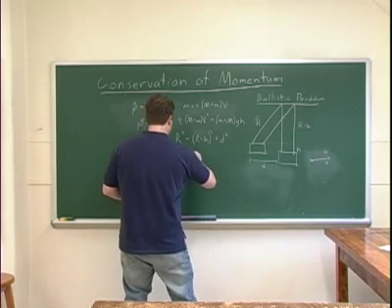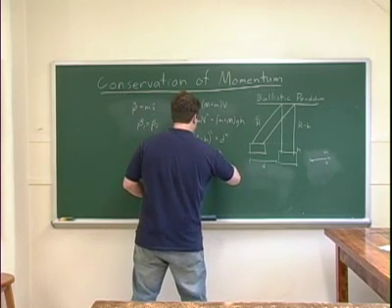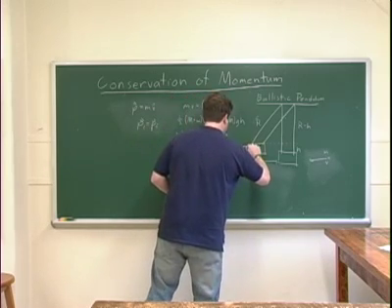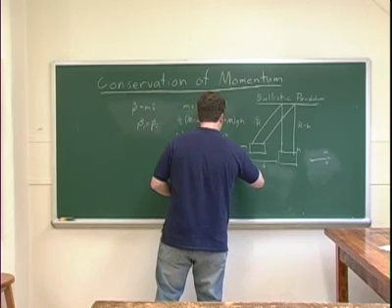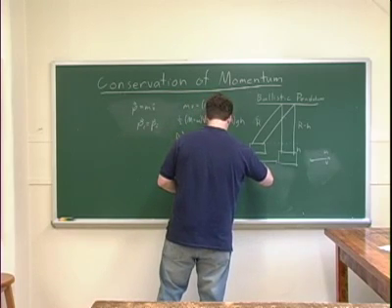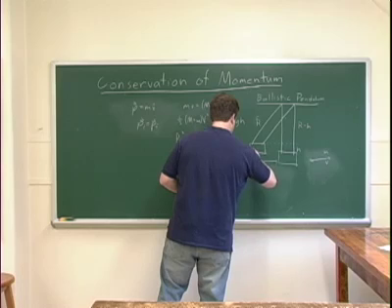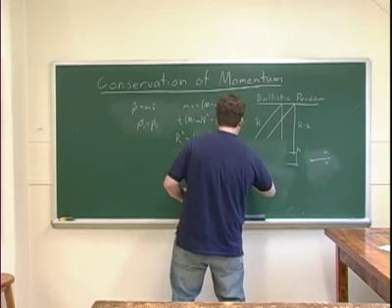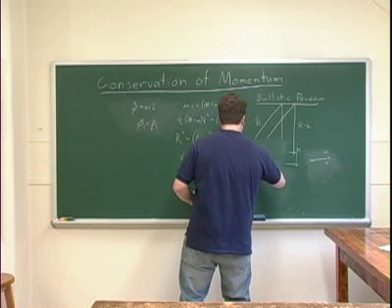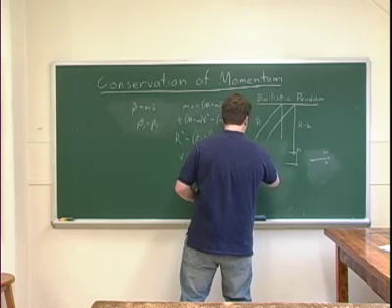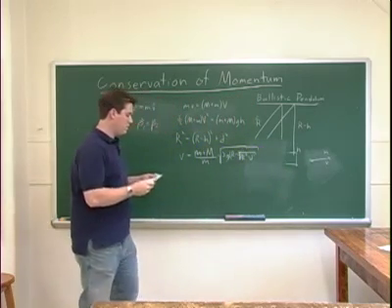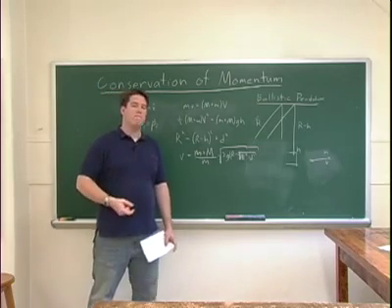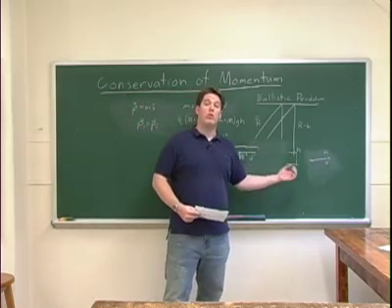In this case, little v is equal to the sum of the masses over the original little mass times a square root given by this expression.